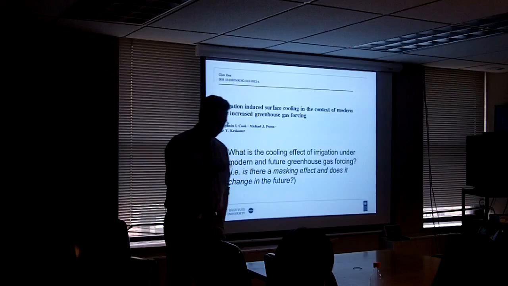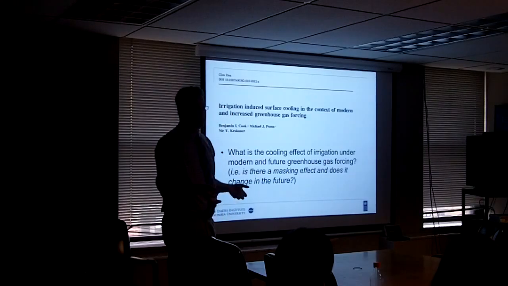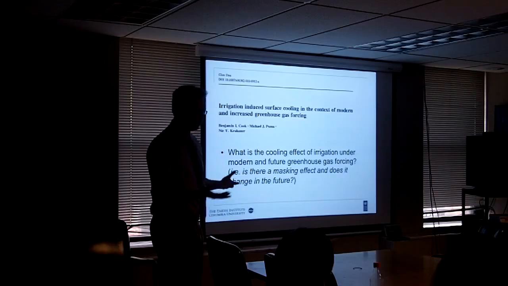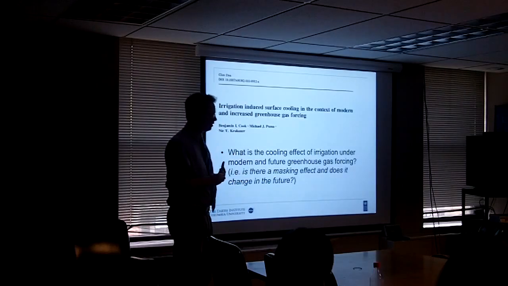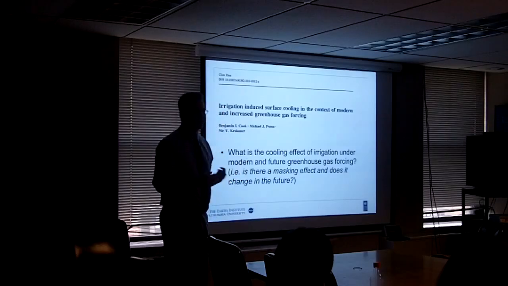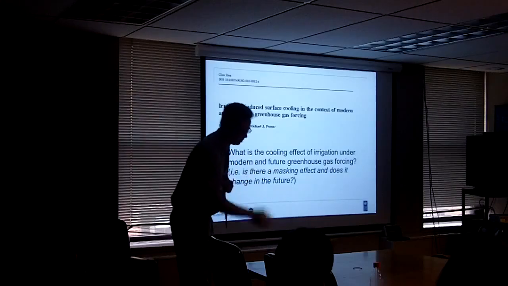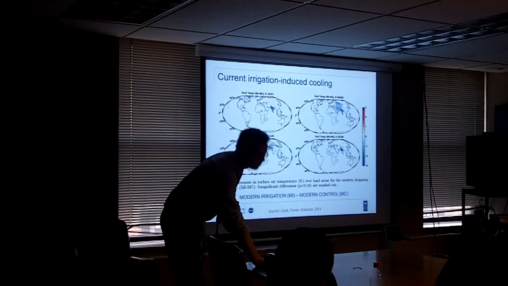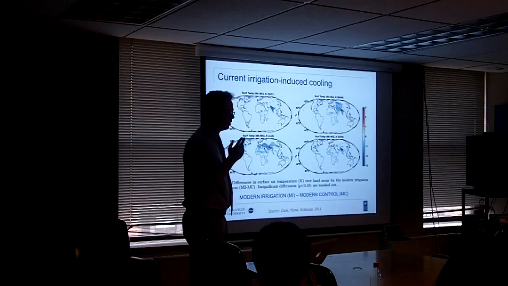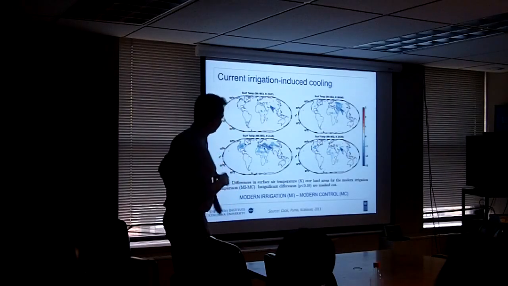So if we're observing temperature changes in a region, if irrigation's exerting a cooling impact on the surface air temperatures, then you might say that's masking any warming associated with greenhouse gas forcings in the atmosphere. So we took a look at some of these things, just in the interest of time, because I did want to get to some of the urban stuff. I'll skip this, but we can talk about this later.